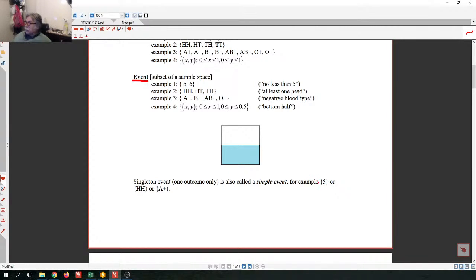So there is just a semantic difference here. When you say outcome, you mean the outcome of an experiment. When you say an event, you mean the collection of outcomes. So it might be nothing in it, 1, 2, 5, whatever. So when it's 1, you have a singleton event, or a simple event as we call it. Simple event, meaning only one thing.